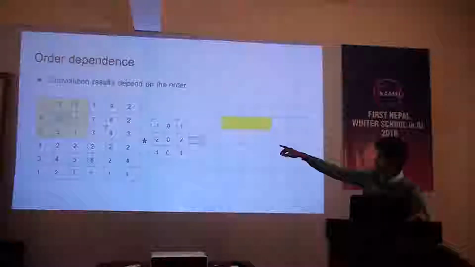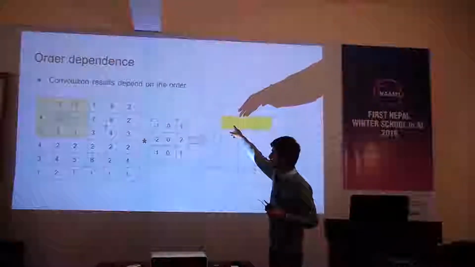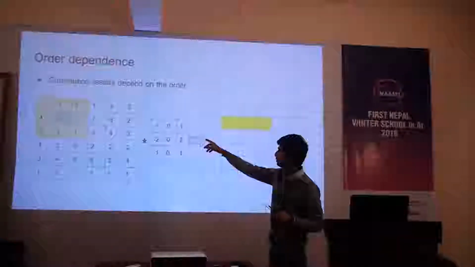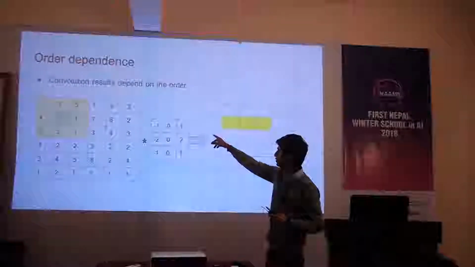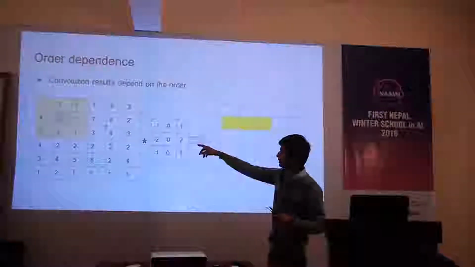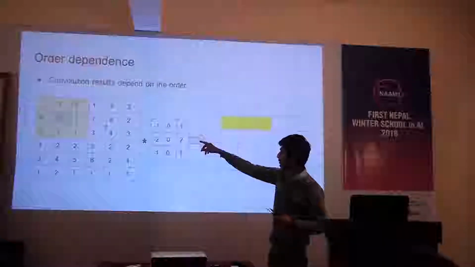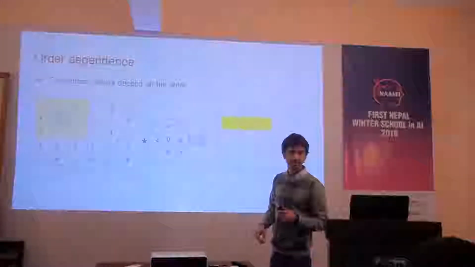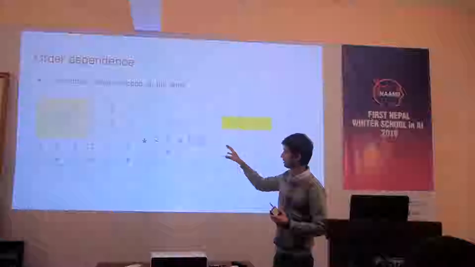So let's do this example on this one. What will be the answer? You have to do -1 times 1, plus 0, plus 1 times 5, 4 times -2, 2 times 1, -1 times 3. You know how convolutions work, right? It's pretty easy.